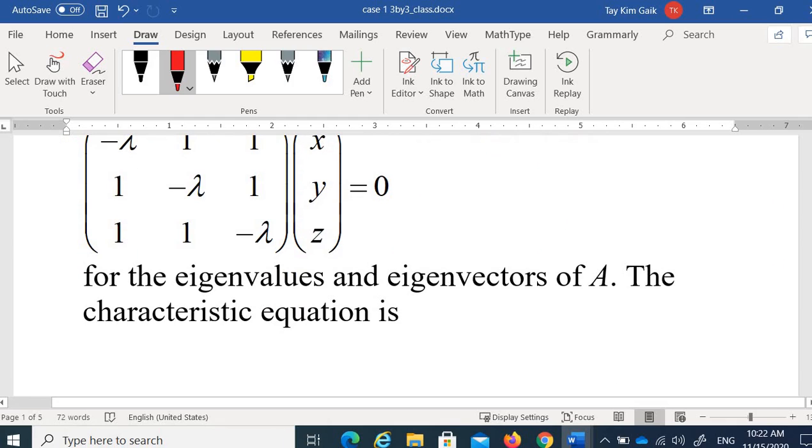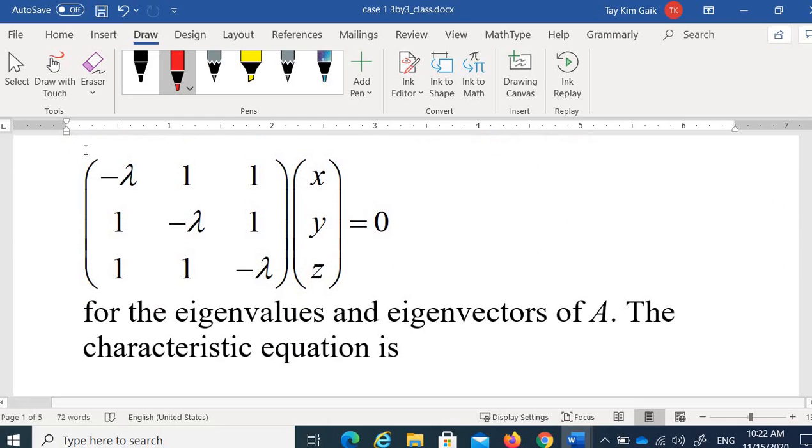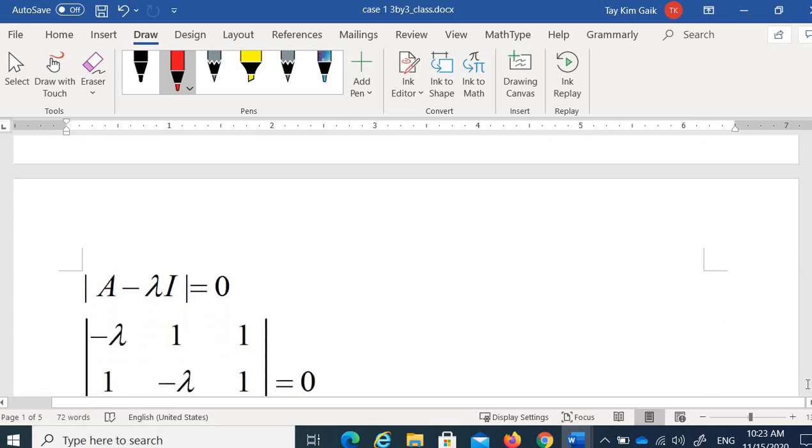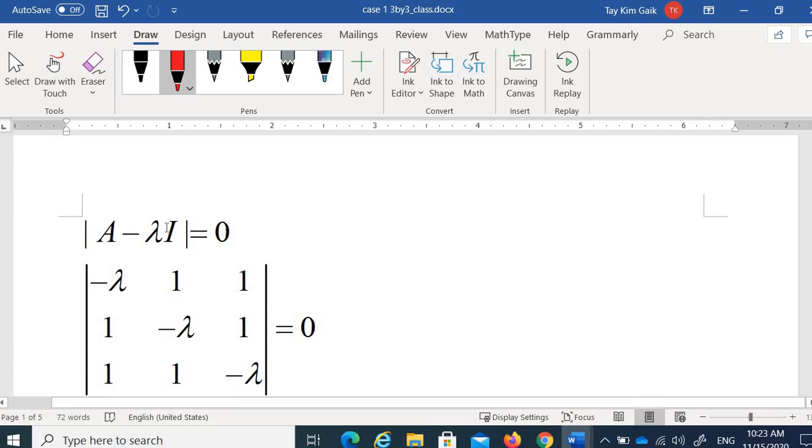To find the eigenvalue, we let the determinant of A minus lambda I equal to 0.